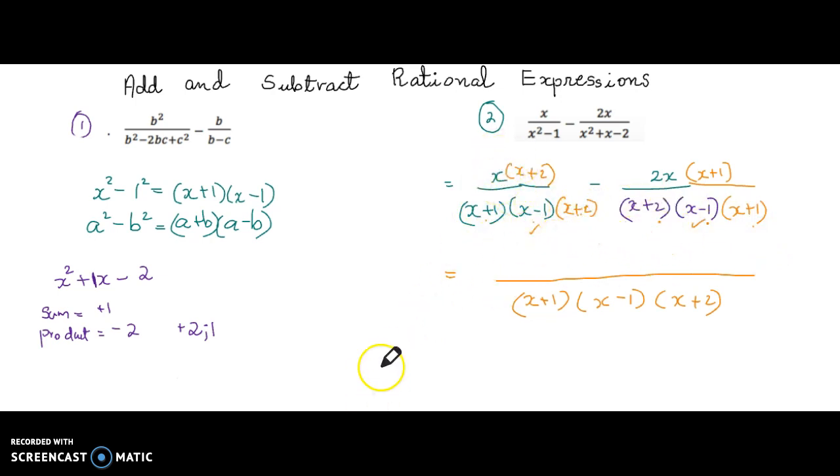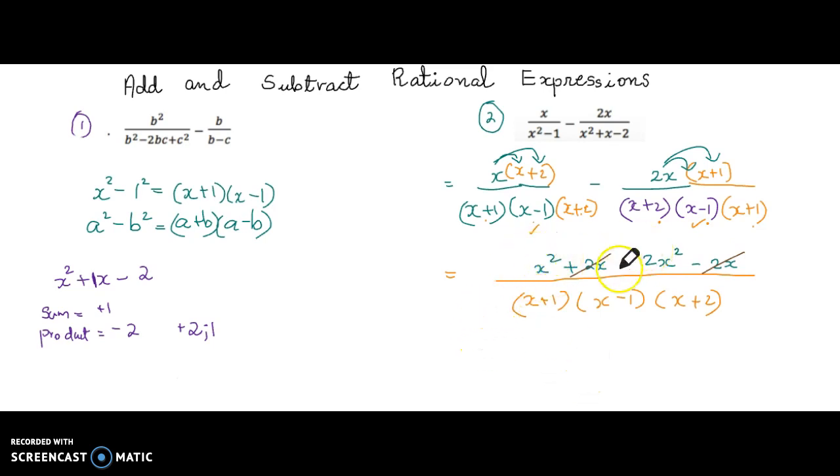So when we write this, we distribute: x times x is x squared, x times 2 is 2x. This is a minus 2x, so minus 2x times x is negative 2x squared, and negative 2x times 1 is negative 2x. Now let's see if we can simplify the numerator. We see a positive 2x and a negative 2x, so we cancel those.